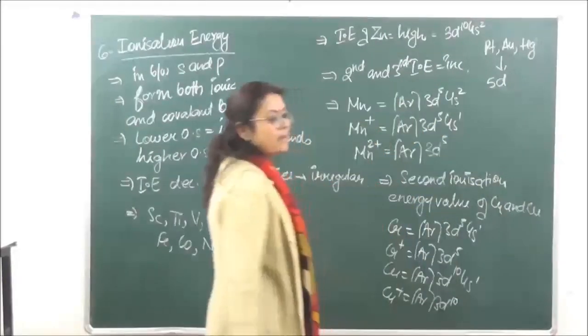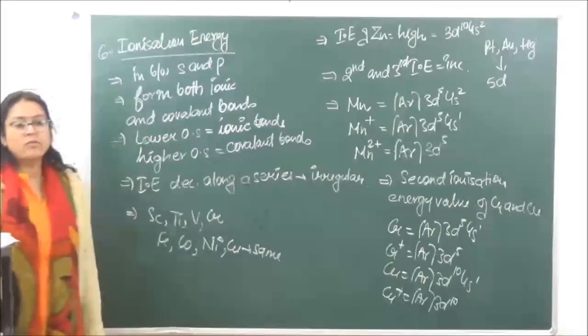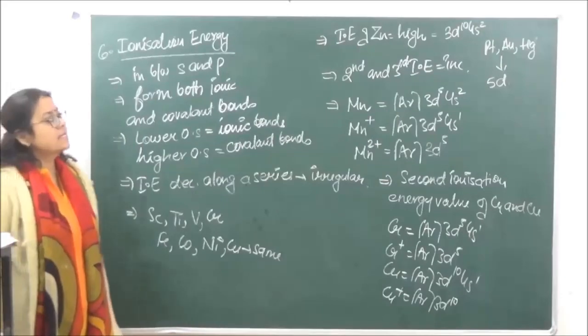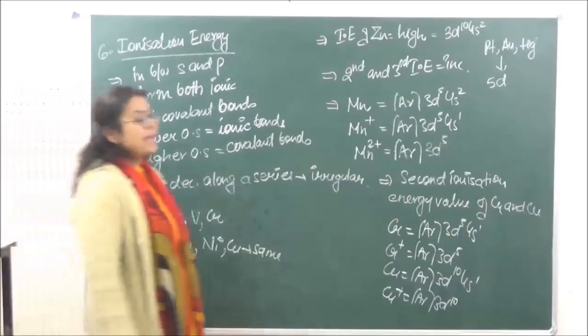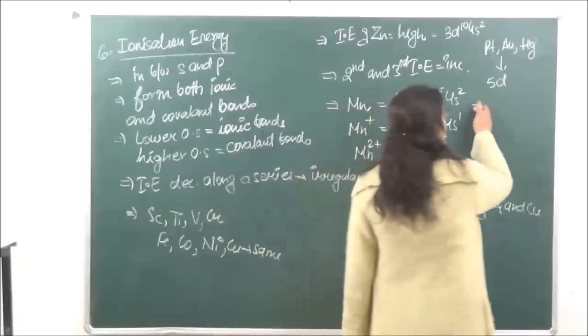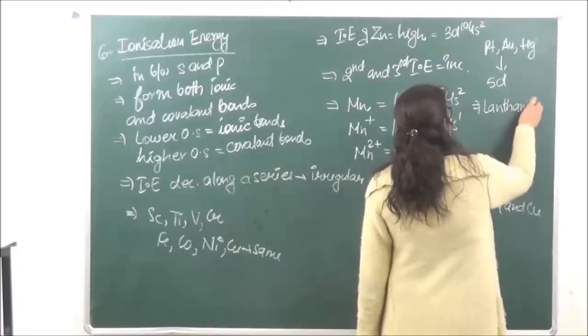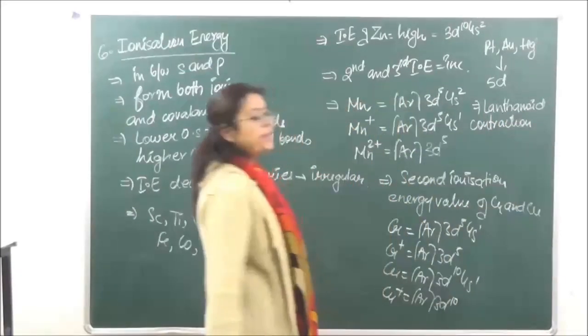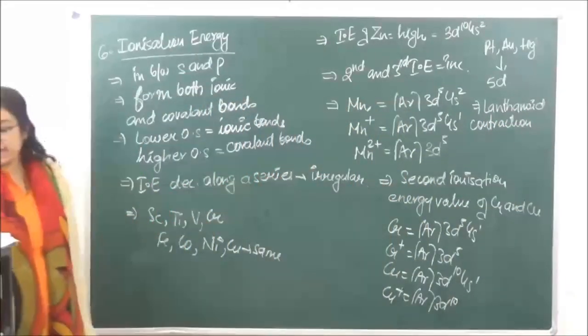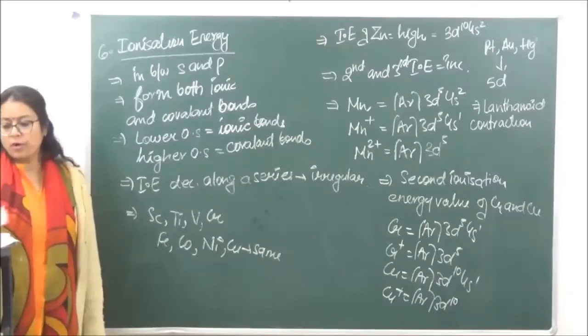They have high values of ionization energies, as a result of which they are going to be inert. The reason behind this is lanthanoid contraction. So today we are going to do only till here.